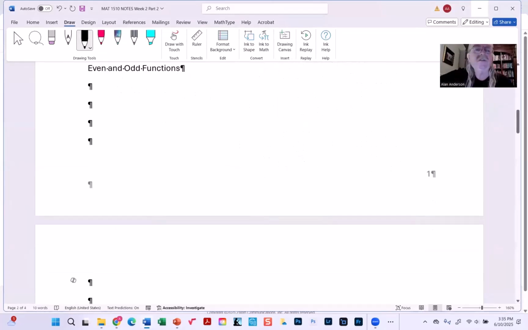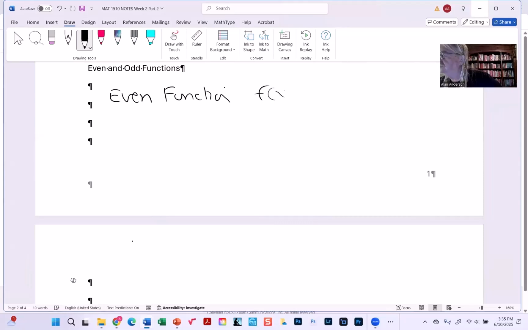So the formal definition of an even function is: if for every x in the domain, f of x equals f of negative x, you have an even function. And the classic example of this would be y equals x squared.